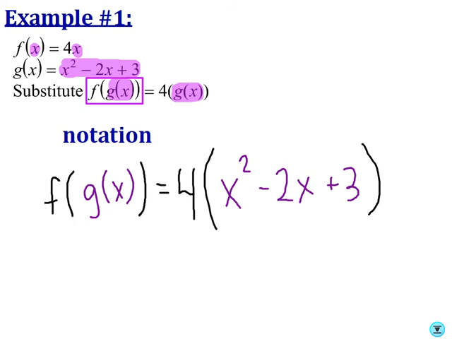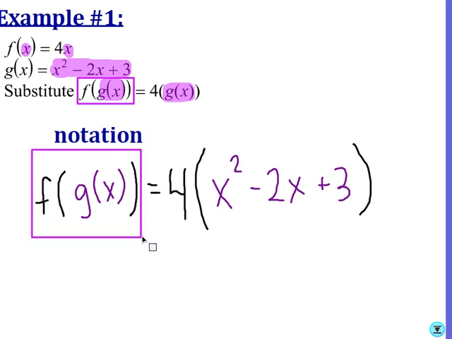Now, up to this point, all we're going to do is literally just substitute it in. I don't want you to change this notation. You do not need to substitute it in here because you need to get used to seeing this notation. What this means is on the inside, I'm literally taking that g of x function and plugging it into the f of x function. And that's exactly what I've done here.